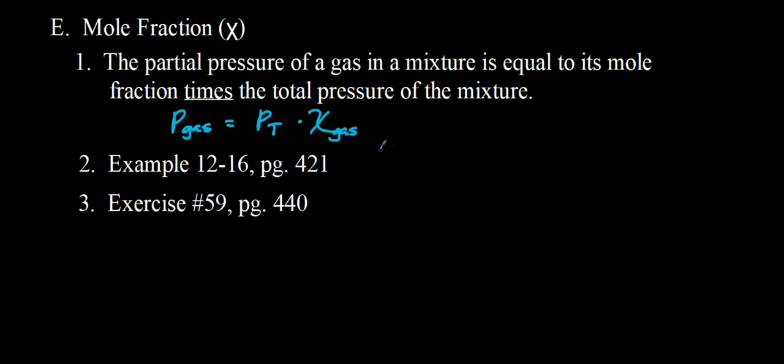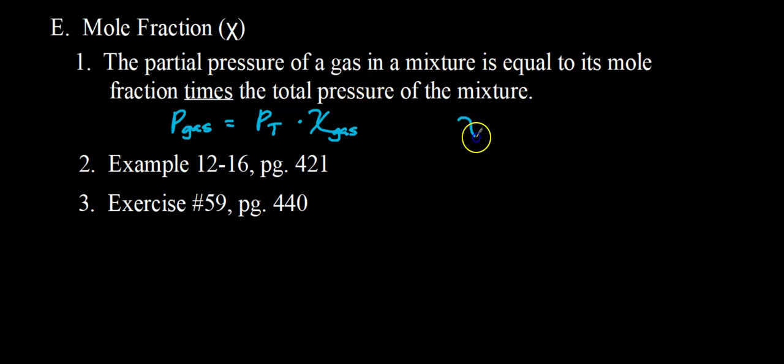So again, each individual gas has its own pressure. How much of the total pressure a gas exerts is proportional to the number of particles of that particular gas. And so we can see that here we have a direct relationship between the mole fraction, which I'll show you how to calculate in a second, and the partial pressure of the gas. The greater the amount of one of the gases, the greater its partial pressure. And the opposite is also true.